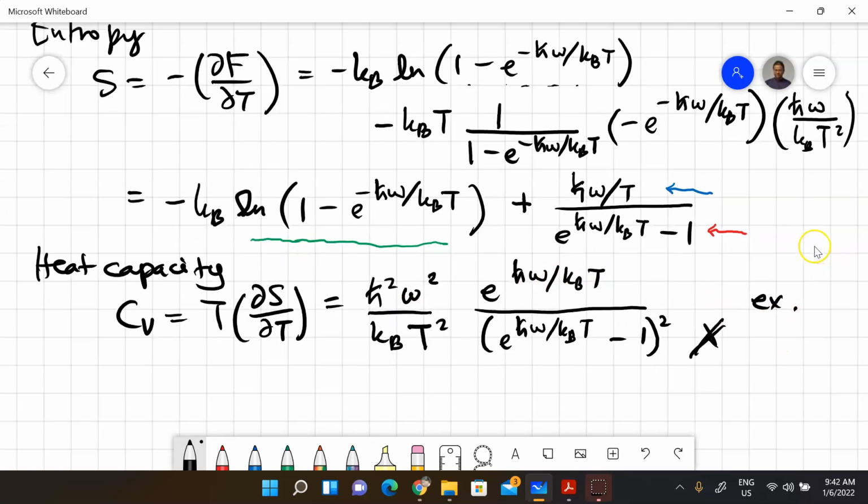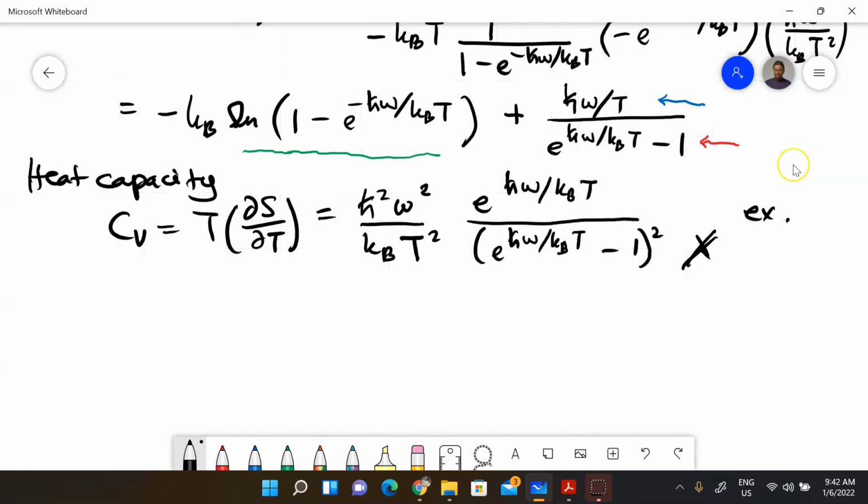So let me write that down. As T decreases, this is going to be large, larger than 1 over T squared because it has other higher order terms. So this is going to be dominating over that.